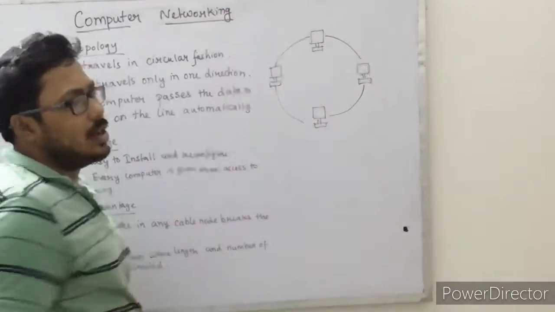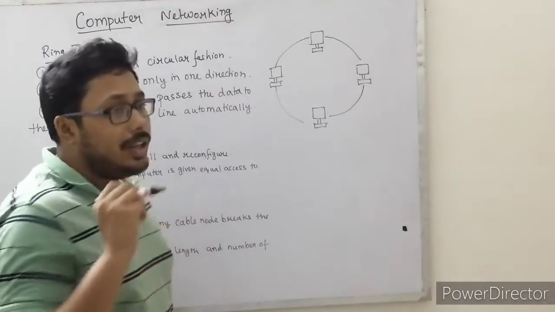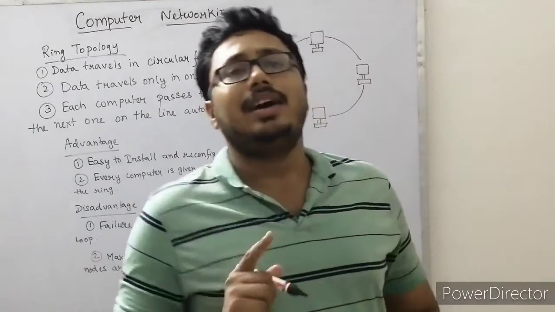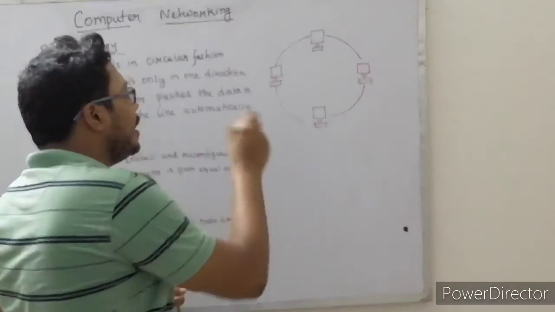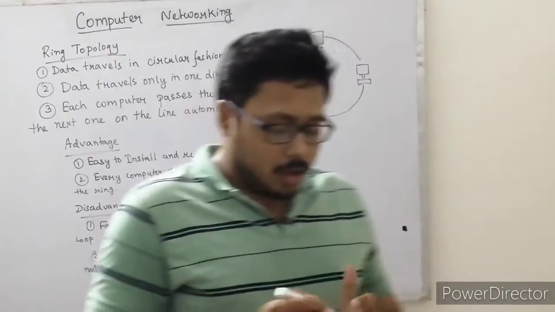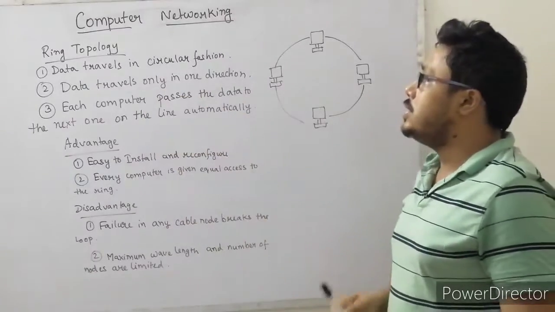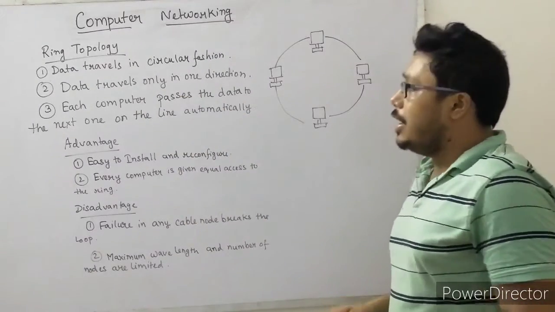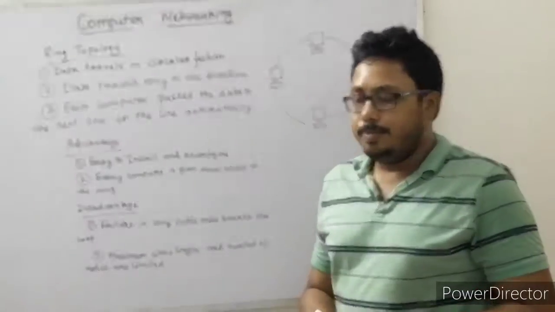These computers are all connected in a circular shape, and the data transmission only occurs in one direction. Multiple directions cannot happen. So the first point is data travels in circular fashion. Second point, data travels only in one direction.